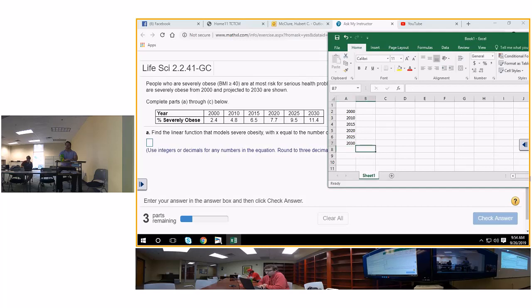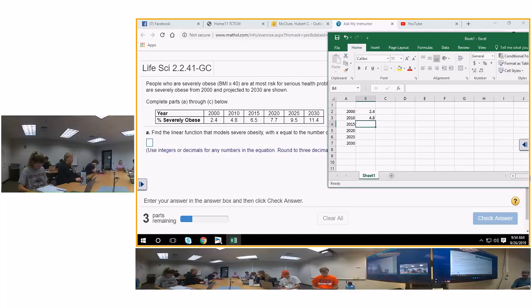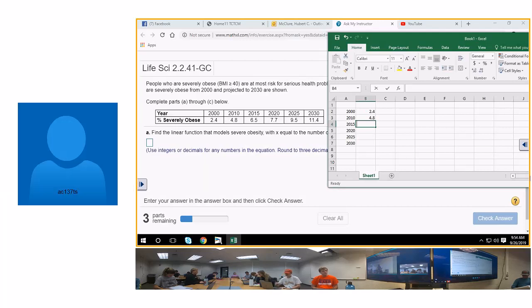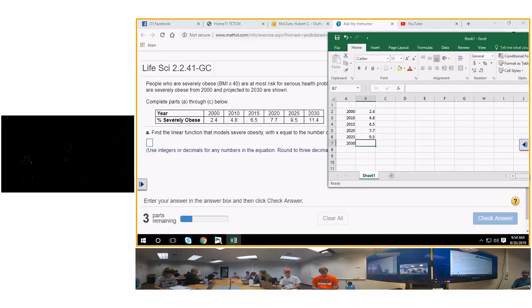And then fill in your 2.4, 4.8, 6.5, 7.7, 9.5, and 11.4.